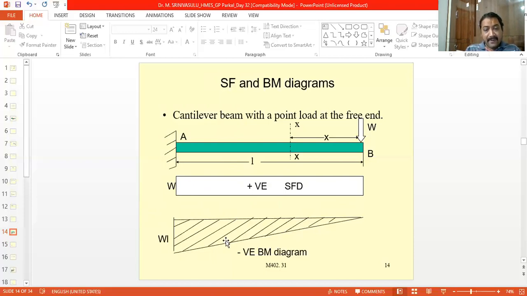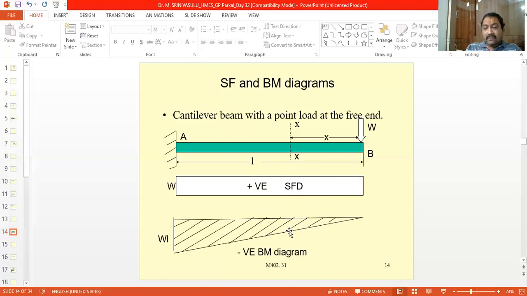Now coming to the bending moment. This is the zero line for the bending moment. We have to draw the vertical lines at A, B, C here also. Now coming to point B, the bending moment value is equal to 0 because the force is acting at point B only. Now at x, it is minus W into x. Why is it minus?